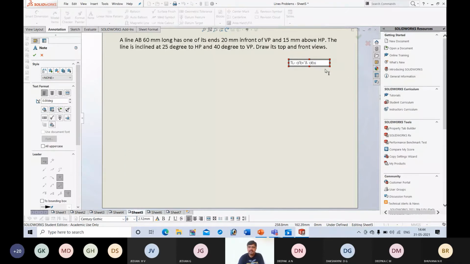Depending on the name of the line, since the name of the line is AB, A dash B1 dash and AB2 are the two true length lines. So that is given as 60 mm.